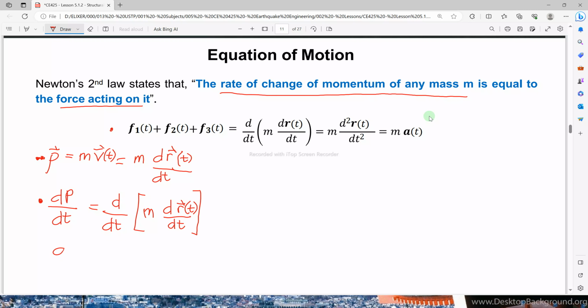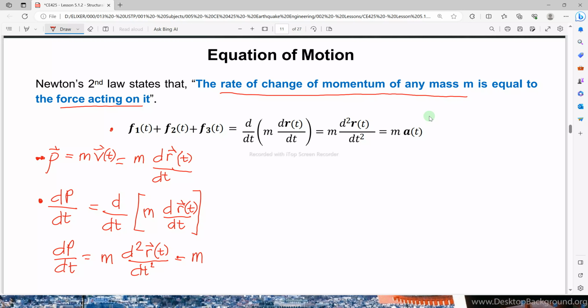Or, if we write it further, dp over dt is equal to, since the mass m is constant, we take it out, then we have d squared vector r of t over dt squared. The position vector is already differentiated for the second time.